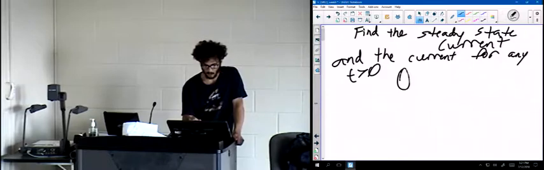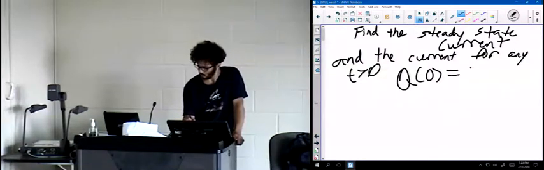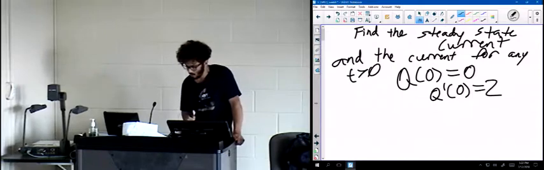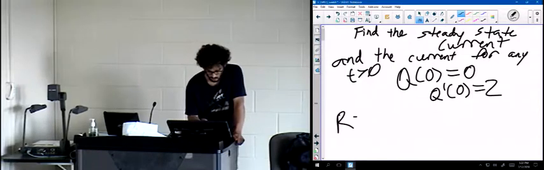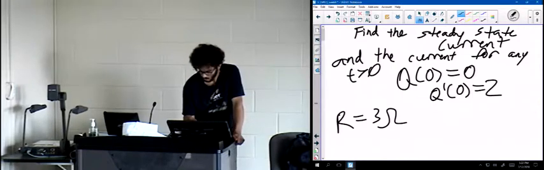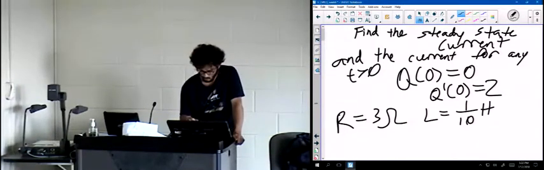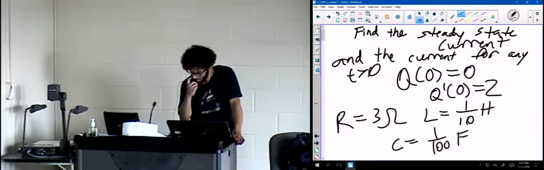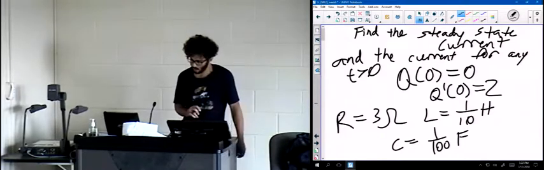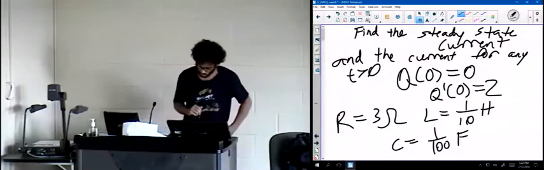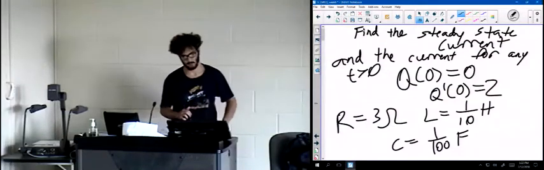And we're given initial conditions, something like this. And then it also gives us our units here. So we have our RLC and some initial conditions.